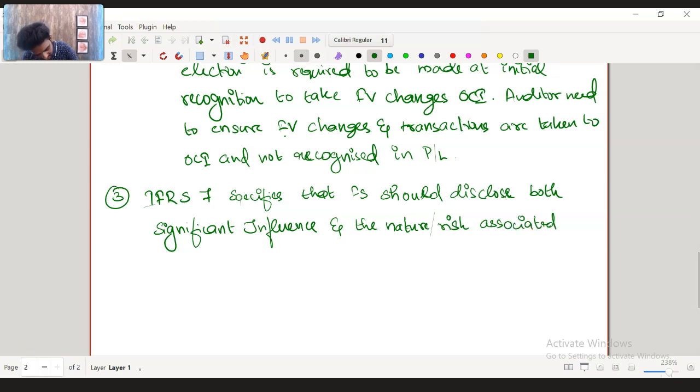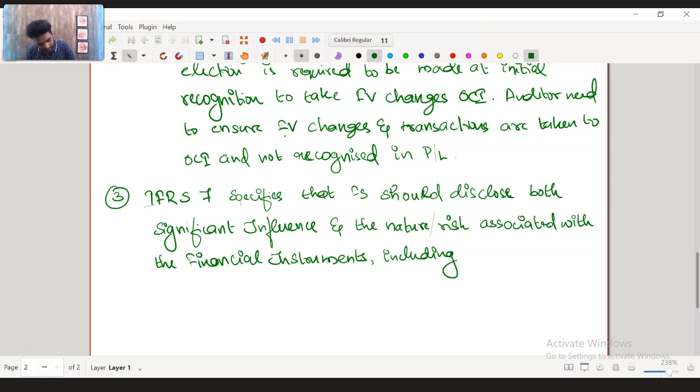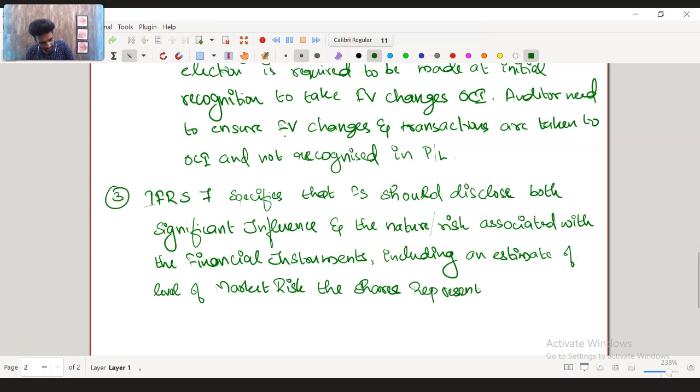including an estimate of the level of market risk the shares represent to wholly.